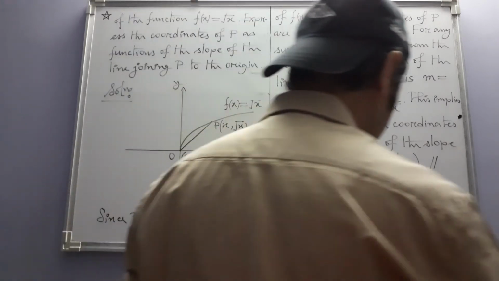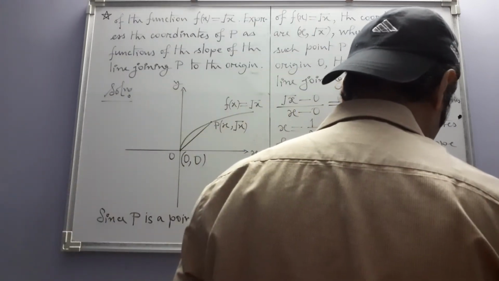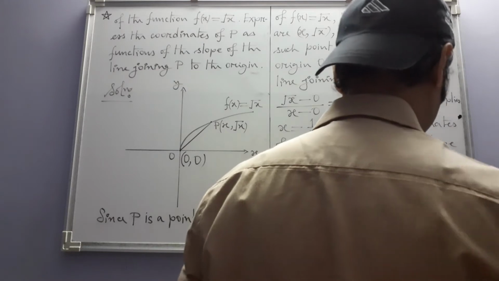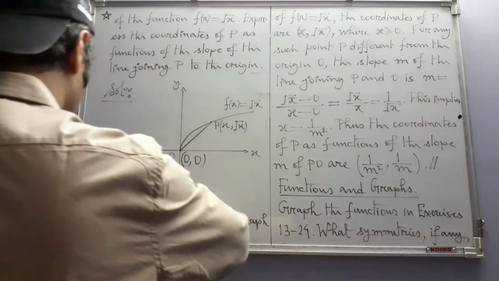What symmetries, if any, do these graphs have?